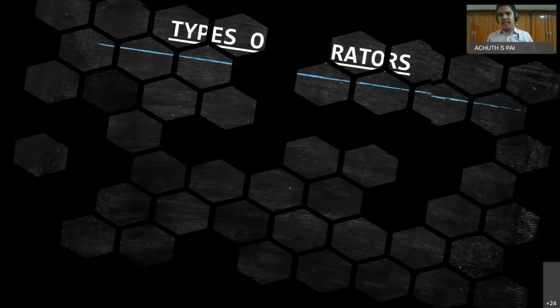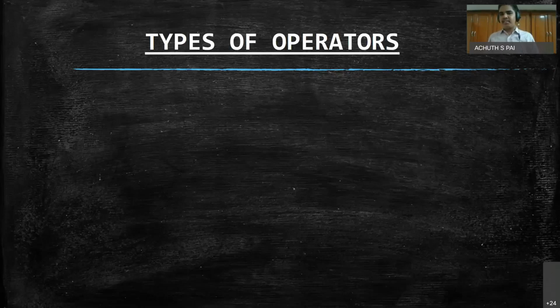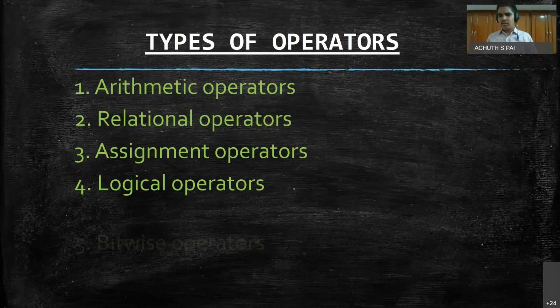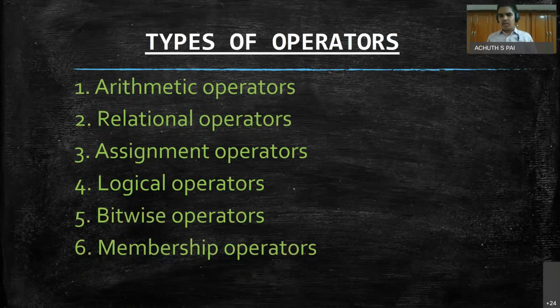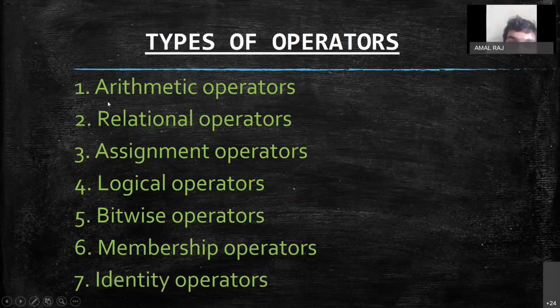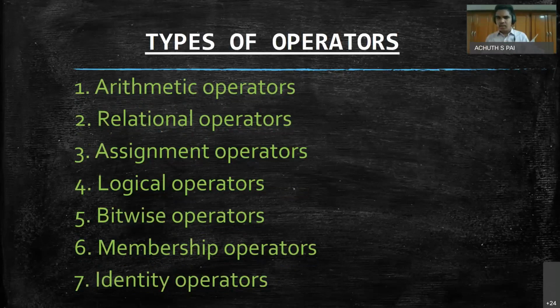Raj, can you just read the different types of operators shown on the screen? Amalraj? Operators. Assignment operators, no, the first logical one. From the first. I couldn't hear you. Arithmetic operators. Yeah.